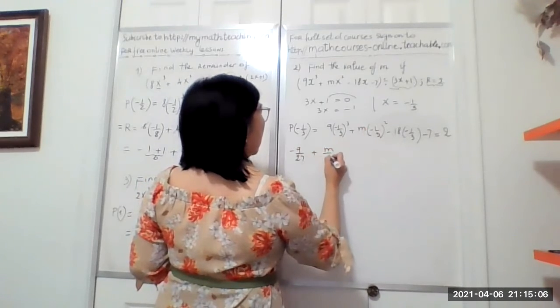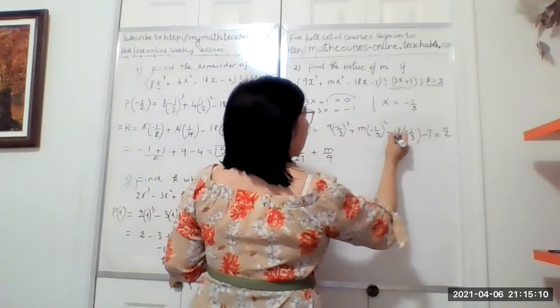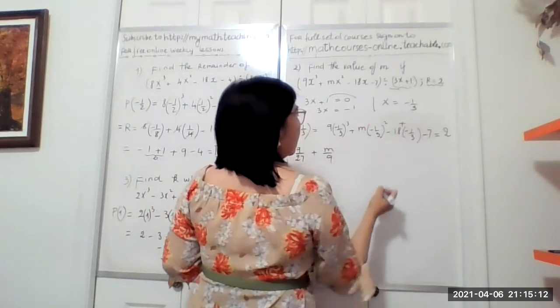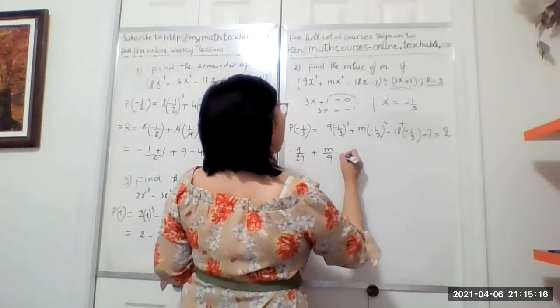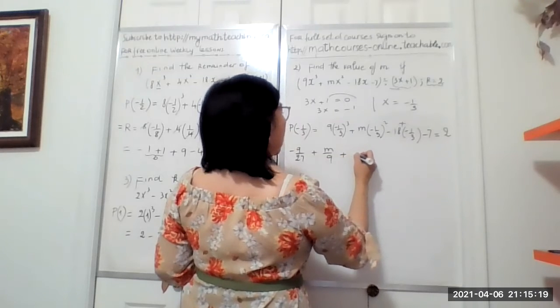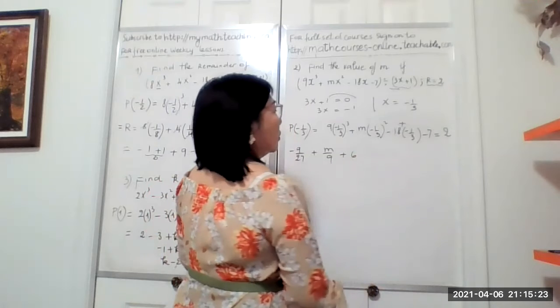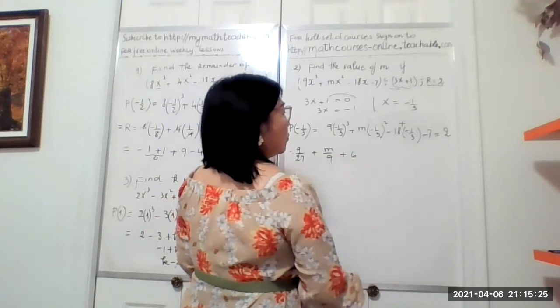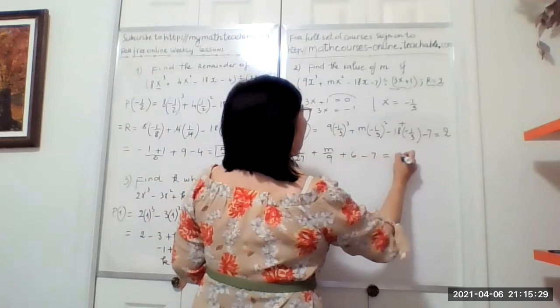So positive m over 9. This one, negative and negative is positive. 18 divided by 3 is 6, so it will become plus 6. Minus 7 equals 2.